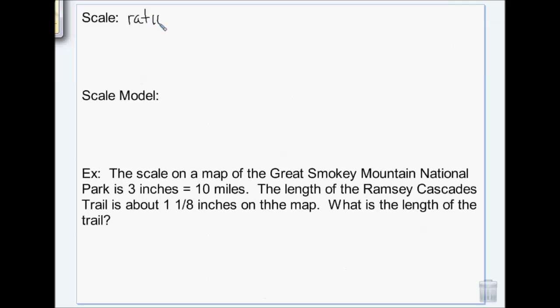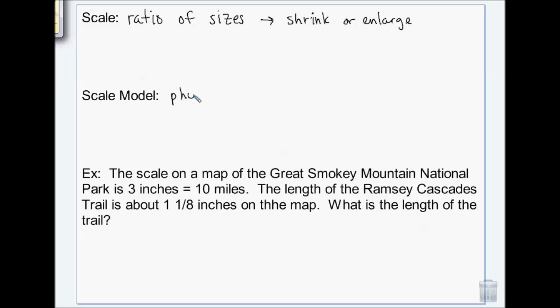Scale is a ratio of sizes, in which you can shrink or enlarge. You're more used to scale on certain scale models.